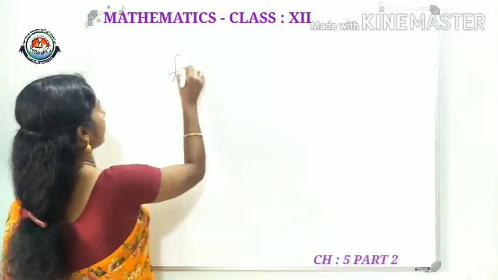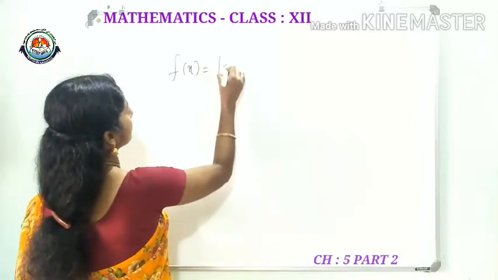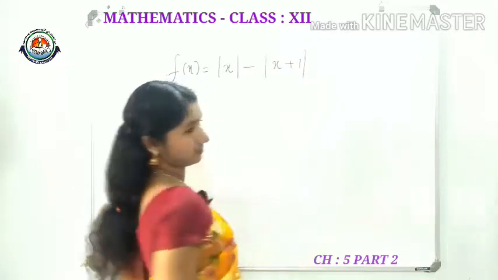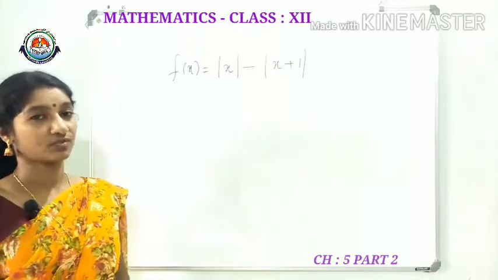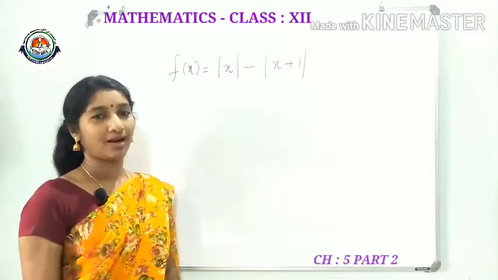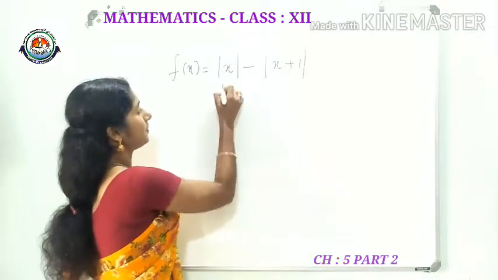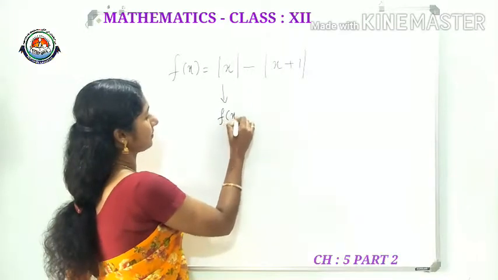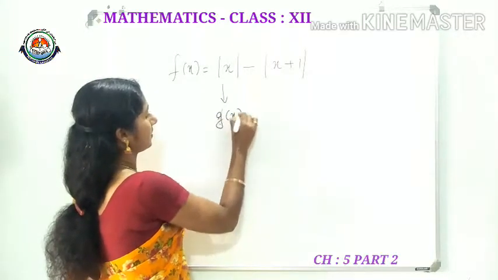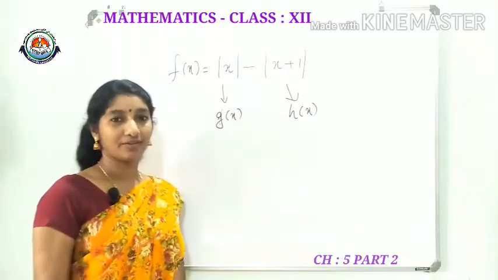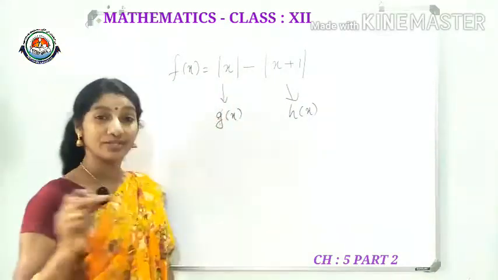One function is given, f of x equal to mod x minus mod x plus 1. Check the continuity of this function. How can we give the answer? See, mod x is some g of x and mod of x plus 1 is some h of x, and we know mod x is a continuous function.